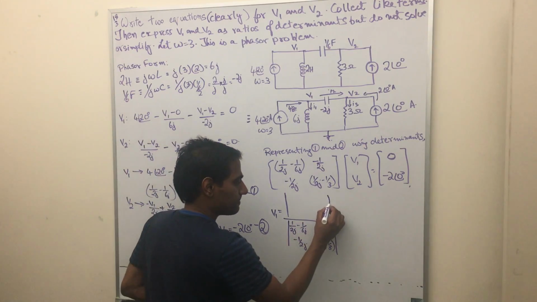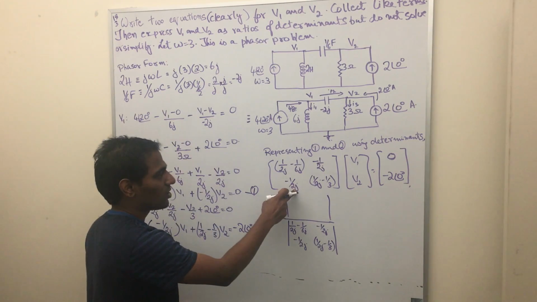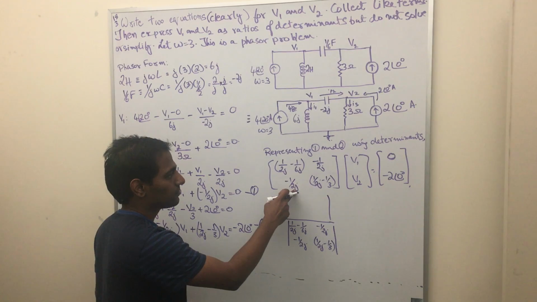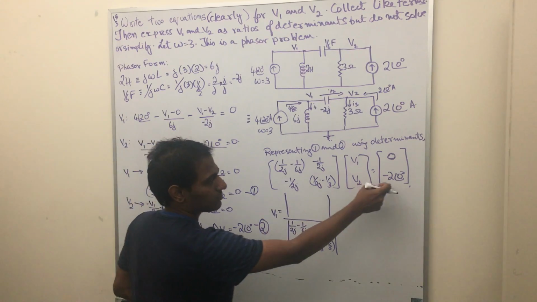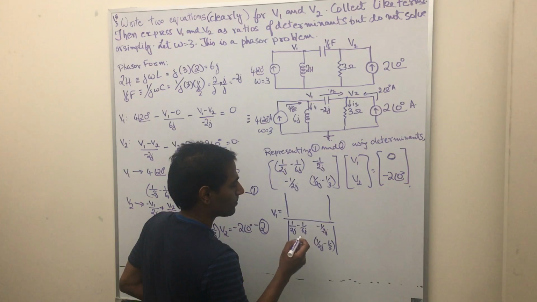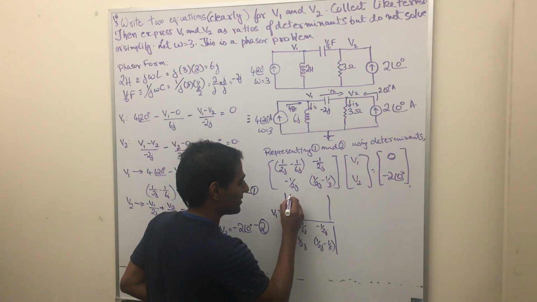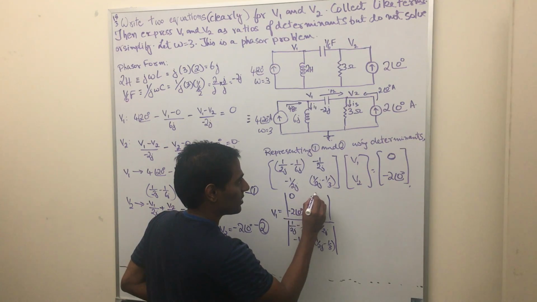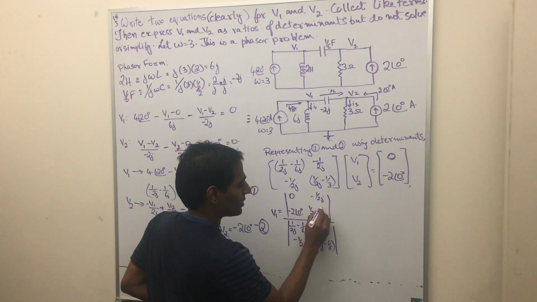And for the numerator, you replace the first column with the right hand side: 0, minus 2 at an angle 0 degrees, minus 1 by 2j, 1 by 2j minus 1 by 3.